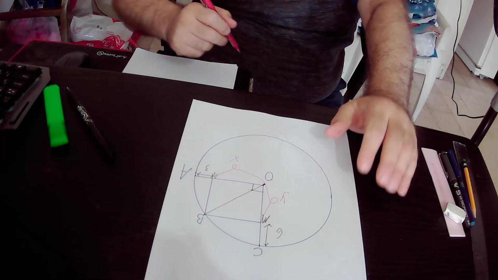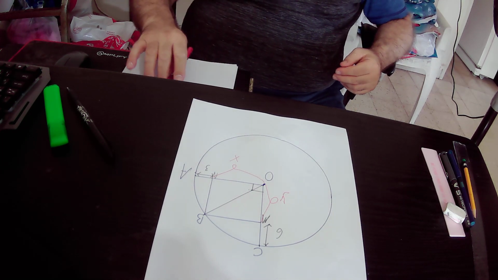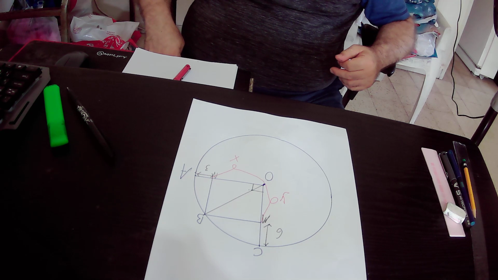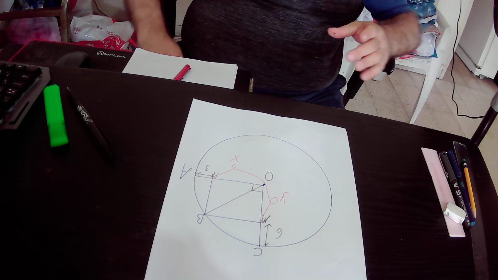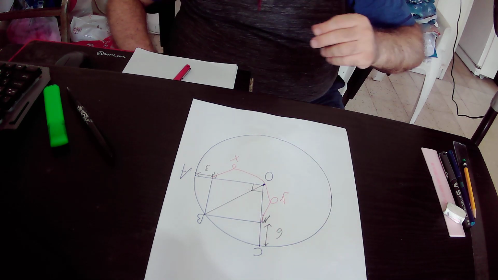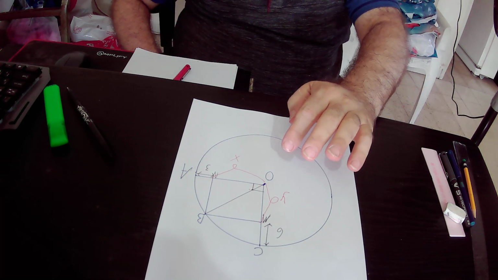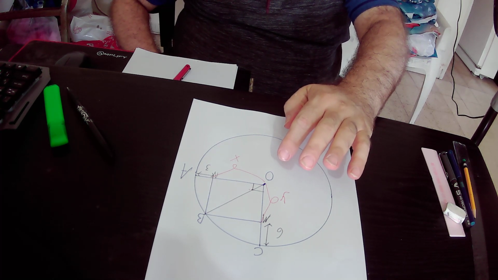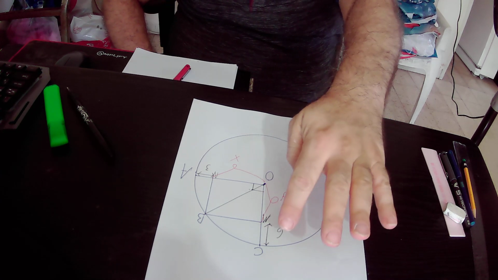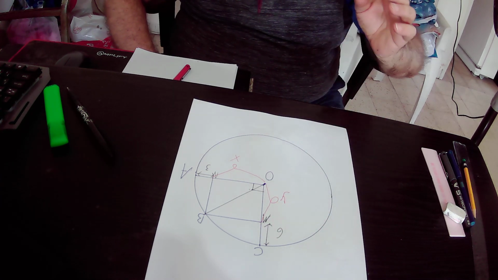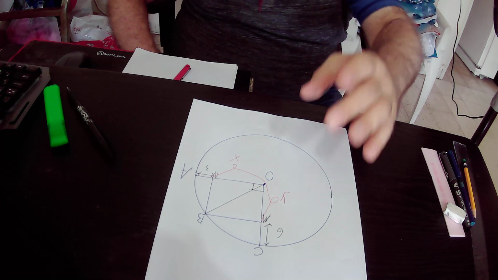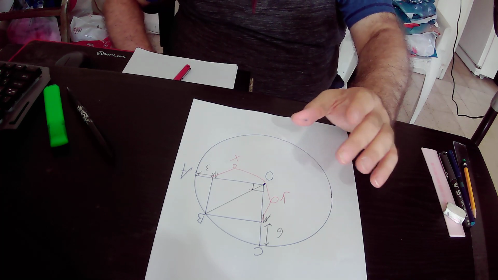Okay, so actually line segment OC is the radius of this circle because it starts from point O, the center of this circle, and ends at point C, a point on the circle itself. For that reason, it is a radius.